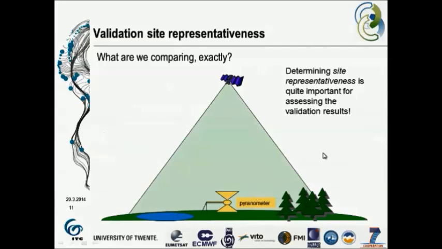So our satellite is not seeing a site of grass only. The satellite sees much more. So how can we compare these two with each other? This needs more work, and very high resolution land cover maps can be used to some extent to help in this situation.